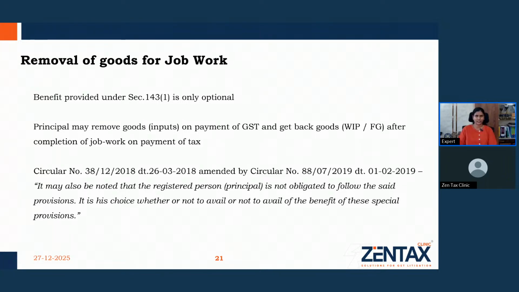This is further clarified in Circular Number 88/7/2019, dated 1/2/2019, wherein they have clarified: it may also be noted that the registered person, principal, is not obligated to follow the said provisions. It is his choice whether to avail, or not to avail, the benefit of these special provisions. So it is at the option of the principal whether they send the goods by paying GST, or they can simply send the goods through a delivery challan.